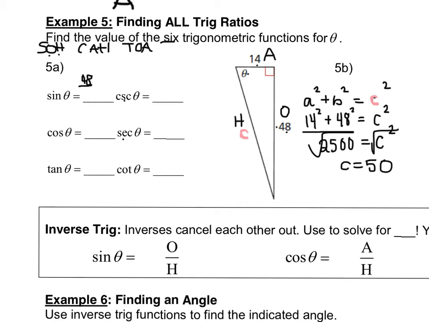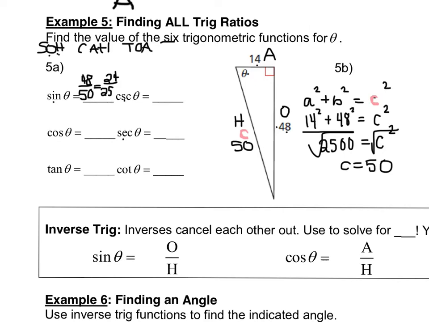Now we can write that number, 50, in for when we need H. So back to finding sine, opposite over hypotenuse. The opposite side's 48. The hypotenuse we now know is 50, and now we just reduce. So 48 over 50 reduces to 24 over 25.